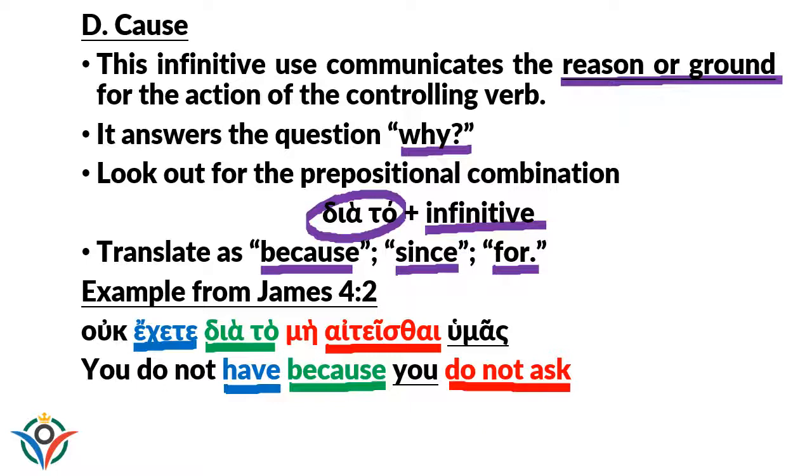I've underlined humas, which is functioning there as the accusative of general reference, the AGR. Remember that the AGR is the subject of the infinitive and will always be in the accusative case. So humas, translated as you, is functioning as the AGR or the subject of the infinitive aiteisthai.